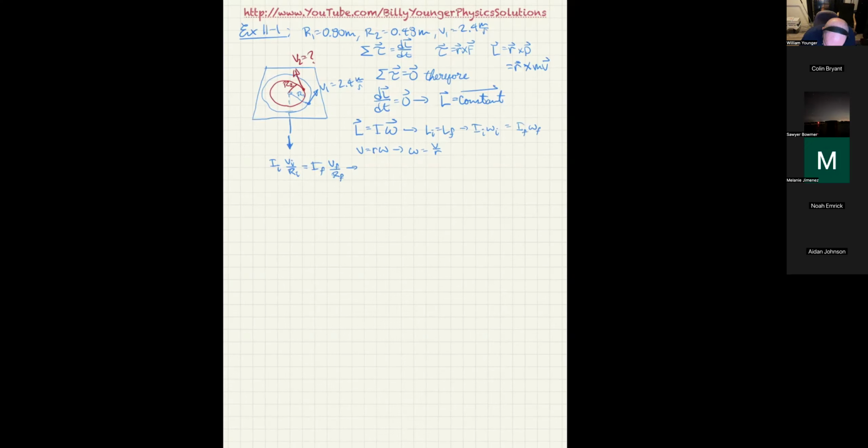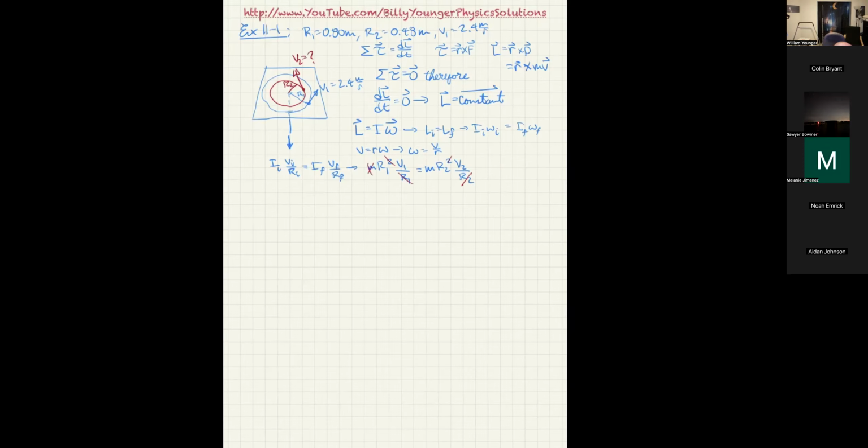So with this case, I'm going to say m times r1 squared times v1 over r1 is equal to m times r2 squared times v2 over r2. And you can see that the r2 in the bottom cancels out the exponent in the top. The same thing with the r1 and the exponent in the top there.